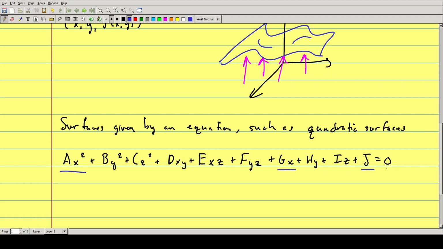The issue is that we have three variables. Unlike the second case where we looked at where the thing could be a function where z depended on x and y, that's not necessarily the case here, right? Because z can be squared too.